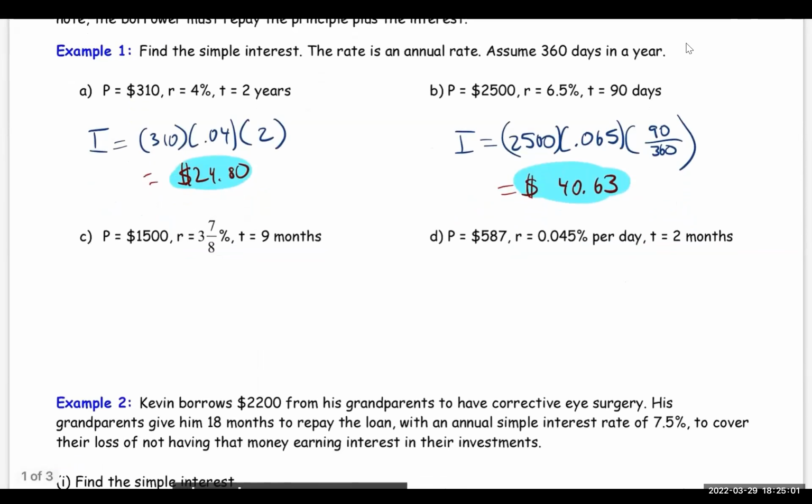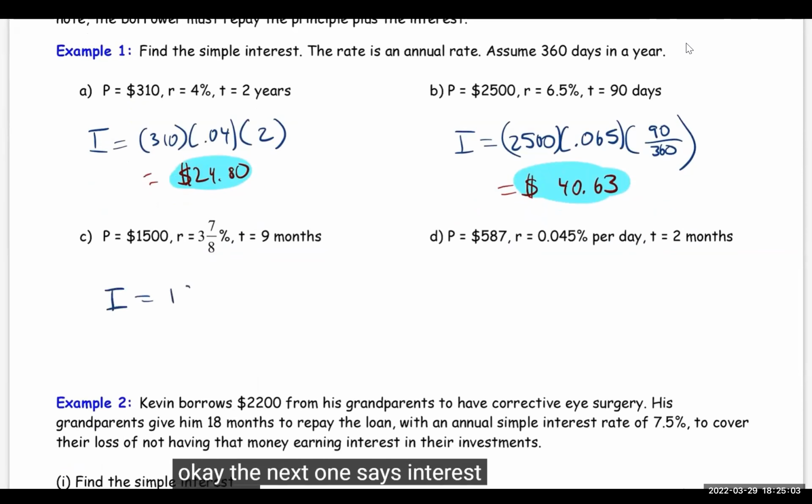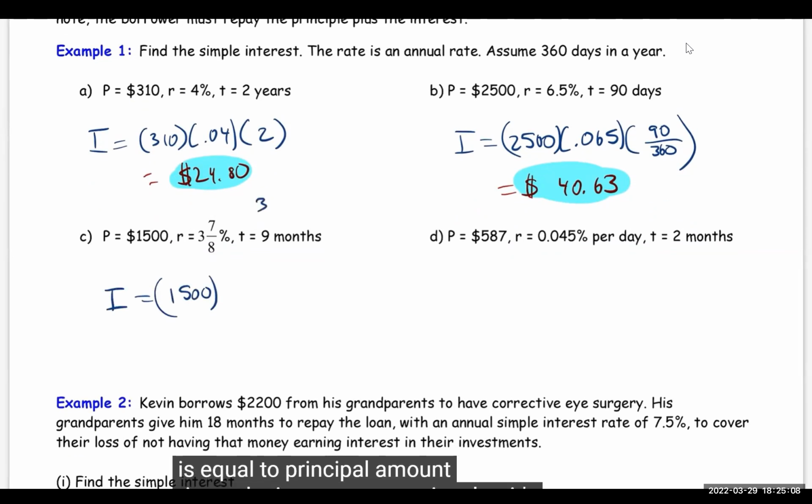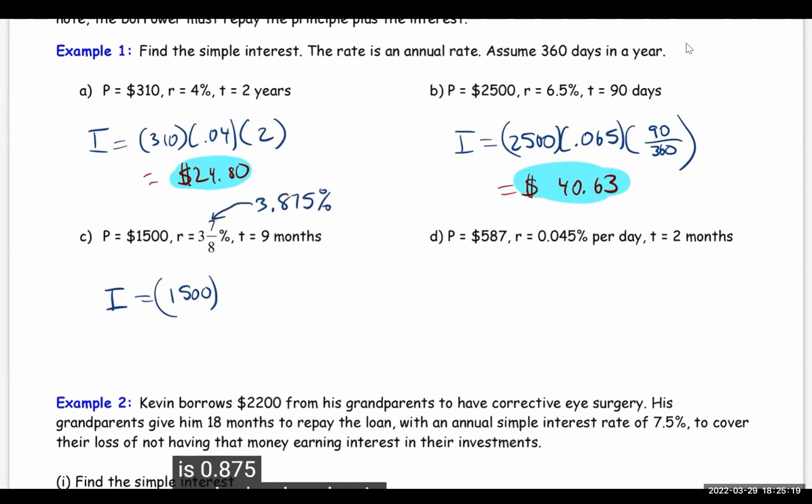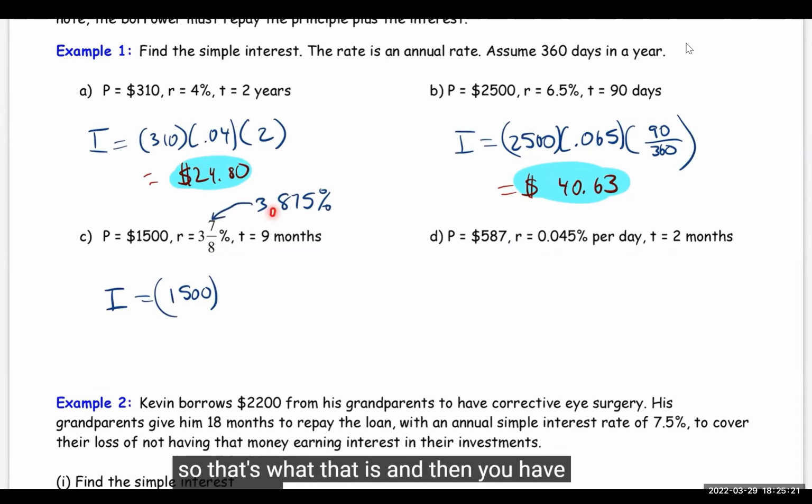Okay, the next one says interest is equal to principal amount times the interest rate. Notice that it's 3 and 7/8. If you divide 7 by 8 on your calculator, that's 0.875. And then you have to convert to a decimal by moving the decimal 2 spaces to the left.